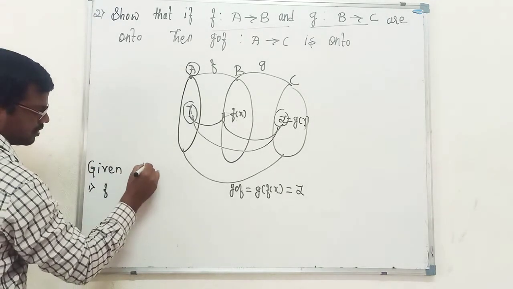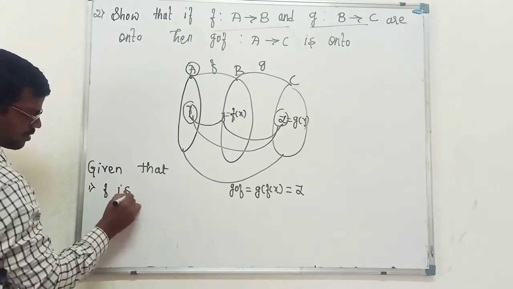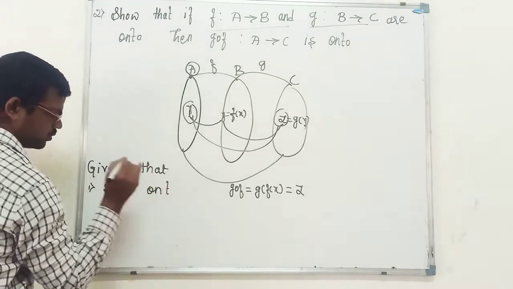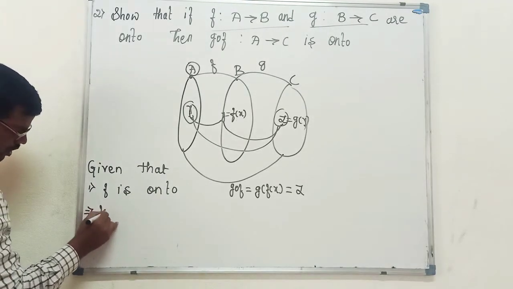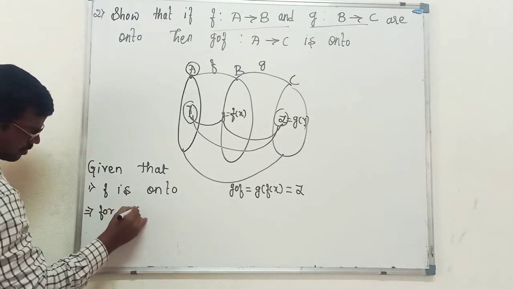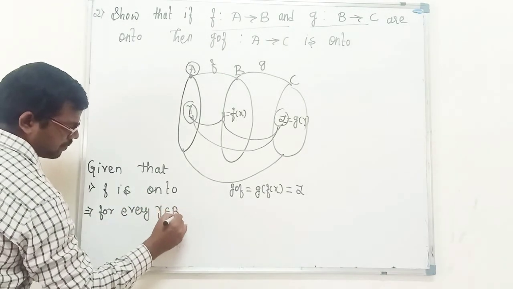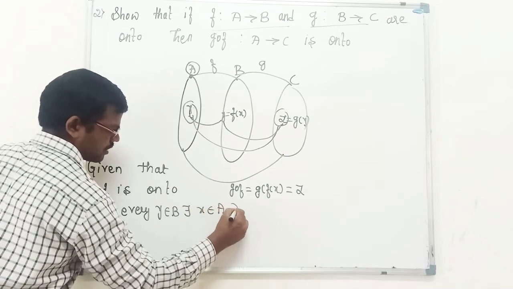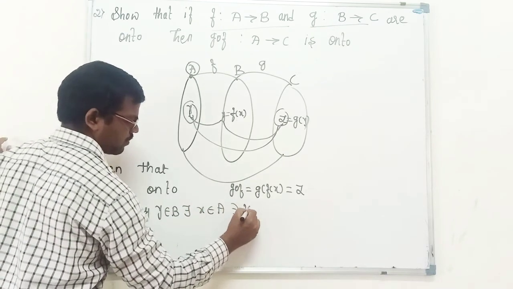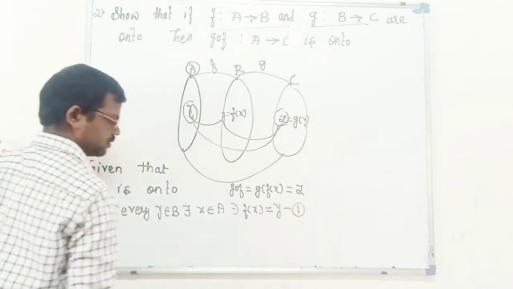Given that f is onto, it implies that for every y belongs to B, there exists x belongs to A such that f of x equals y. Name it as 1.